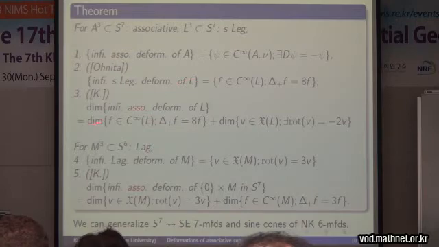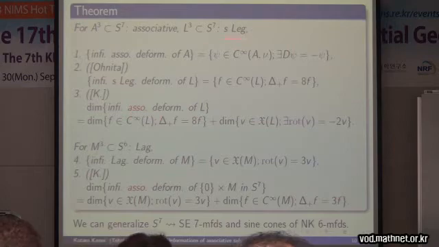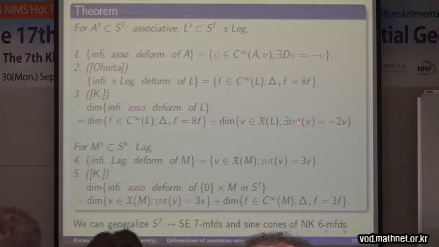And next, we consider the deformation of special Lagrangian submanifolds as associative submanifolds. In this case, we obtain this result. Here ROT we call the rotation operator. This is a differential operator on the space of vector fields.